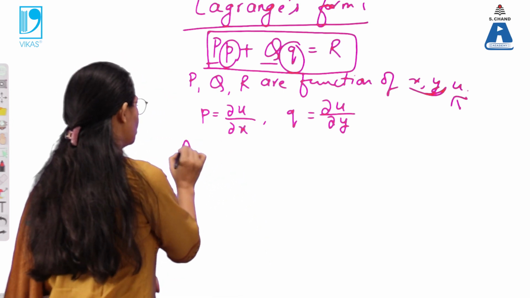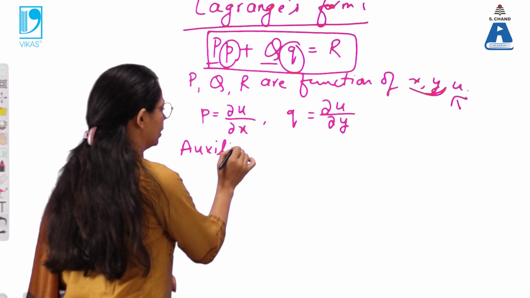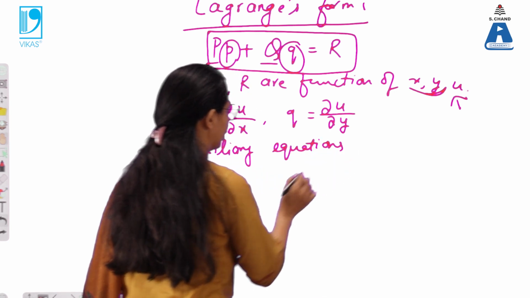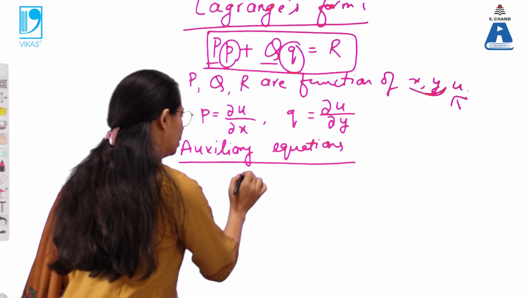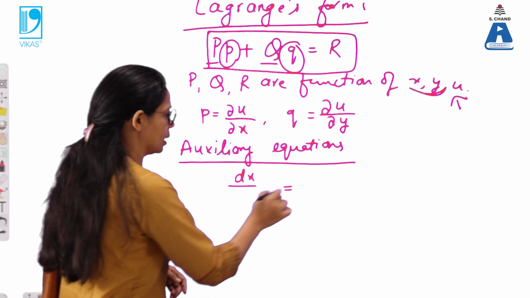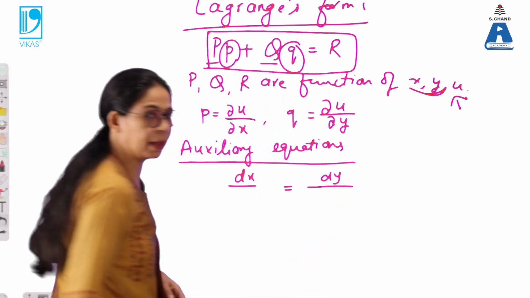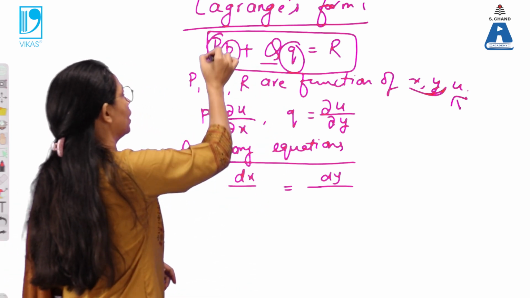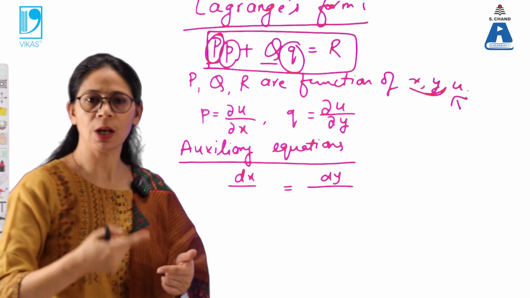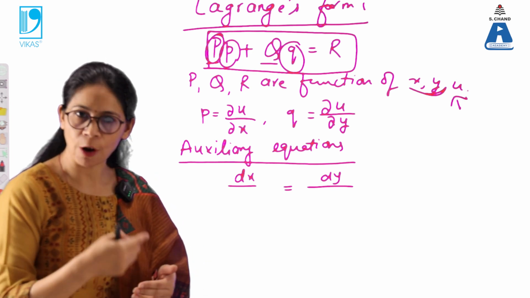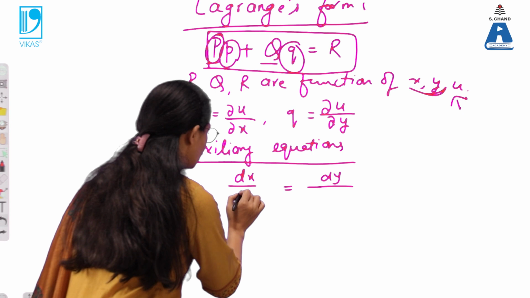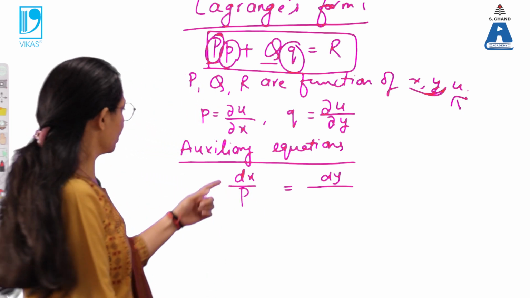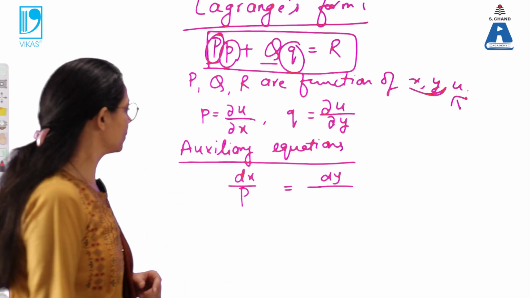So first we need to form the auxiliary equations. Now what are the auxiliary equations? We write dx, since x and y are our independent variables, upon capital P, because the coefficient of the first order partial derivative of u with respect to x is capital P, so it is written in the denominator of dx.